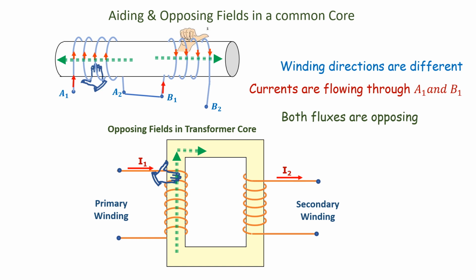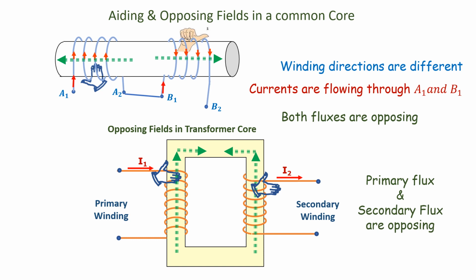It will flow throughout the core around. Apply the right hand grip rule to the secondary winding, showing the four fingers in the current direction. Thumb is upwards. So the secondary coil flux is upwards. It will flow throughout the core around. From this we can observe the primary coil flux and the secondary coil flux are opposite each other.